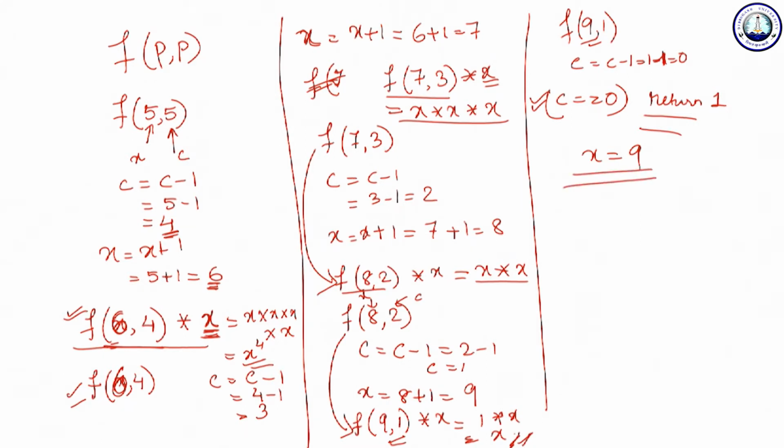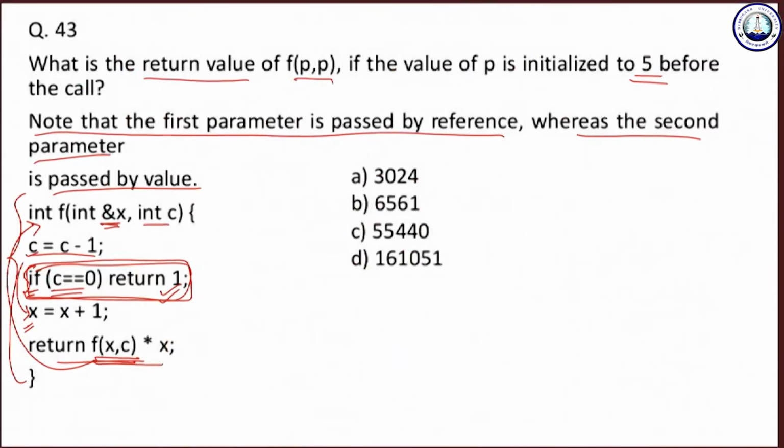So, your x into x into x into x, this is your x to the power 4 which you got here. So, you can write 9 to the power 4, which is equal to 6561. So, from here this is your answer.